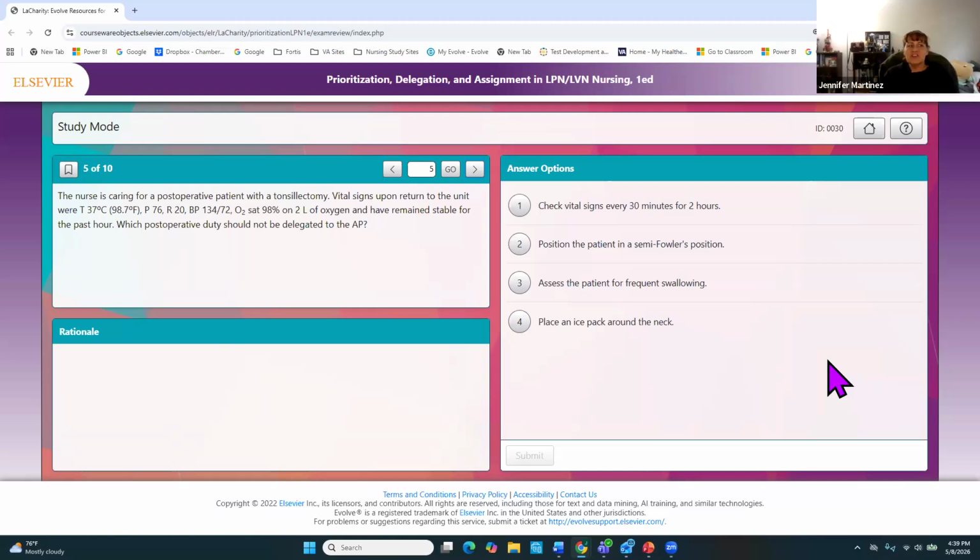Which post-op duty should not be delegated to the assistive personnel? 1, check vital signs every 30 minutes for 2 hours. 2, position the patient in a semi-Fowler's position. 3, assess the patient for frequent swallowing. Or 4, place an ice pack around the neck.